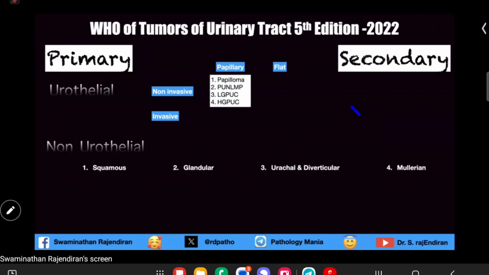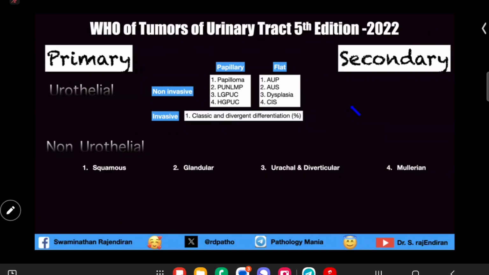Non-invasive papillary urothelial lesions are 4: papilloma, papillary urothelial neoplasm of low malignant potential, low-grade papillary urothelial carcinoma, and high-grade papillary urothelial carcinoma. The flat lesions are atypical urothelial proliferation, atypia of uncertain significance, dysplasia, and carcinoma in situ.